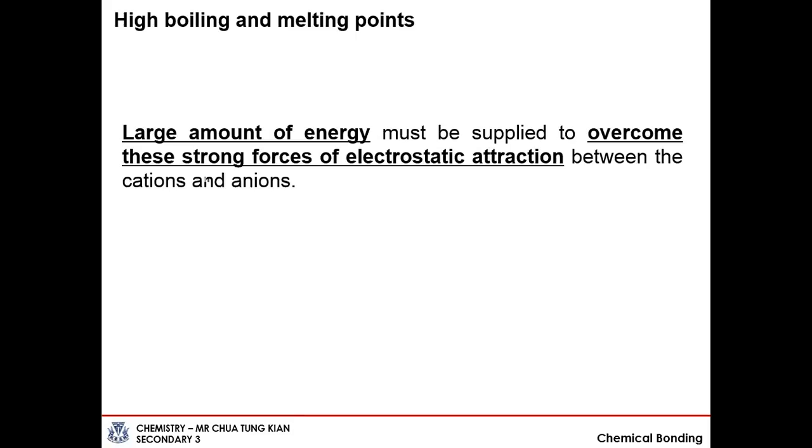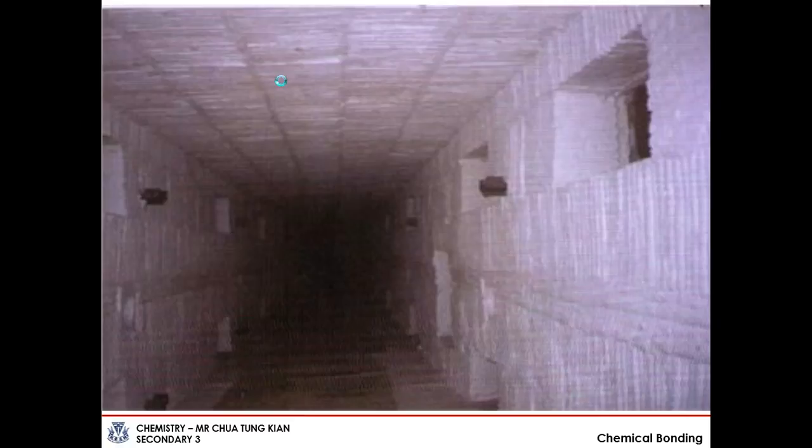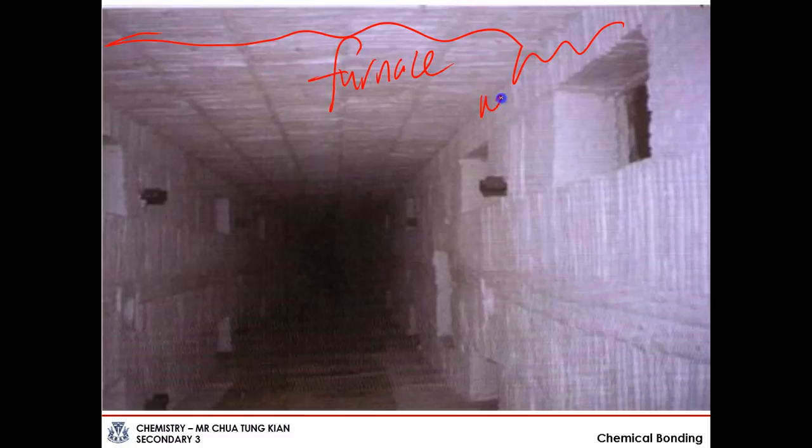So this property comes along with the strength of the electrostatic forces of attraction, high melting and boiling point, a lot of energy. That's why if you look at this here, this is a picture of a furnace. The furnace is lined with many bricks here. These bricks are called refractory bricks. Refractory material basically means that it can withstand a very high temperature.